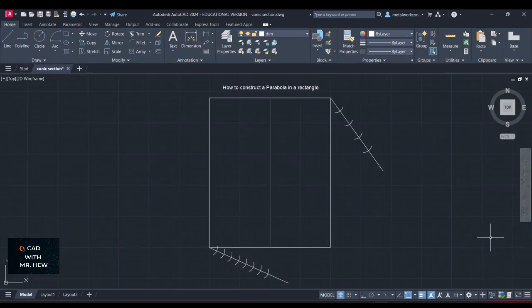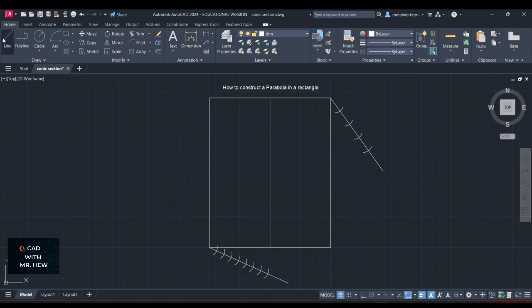So we have drawn our line and we have marked 8 arcs, 1, 2, 3, 4, 5, 6, 7, 8 arcs to divide the base into 8 equal parts.